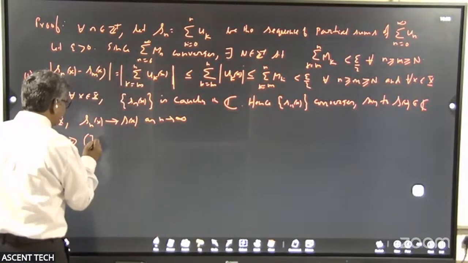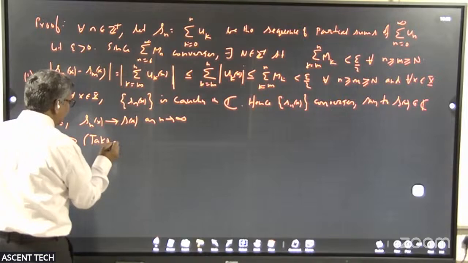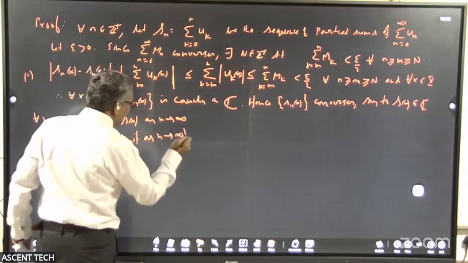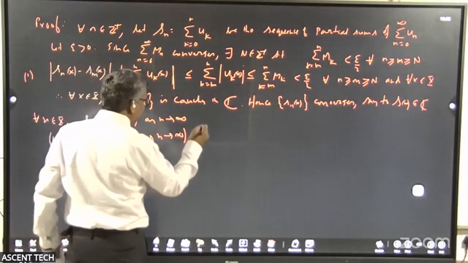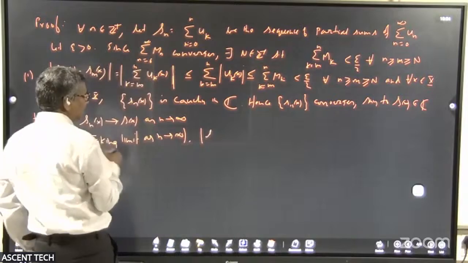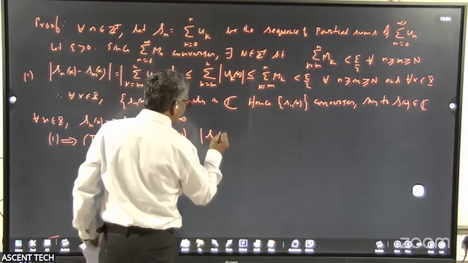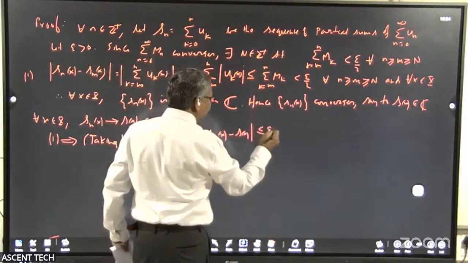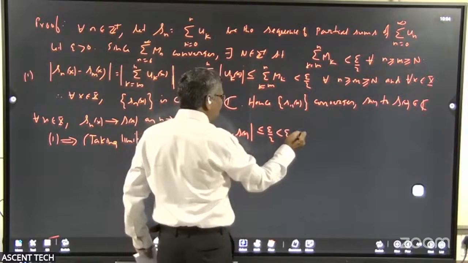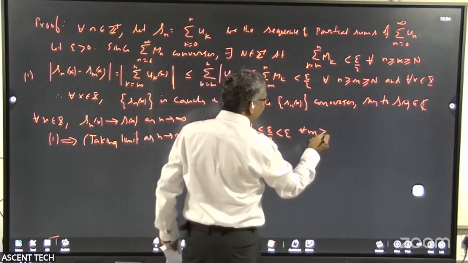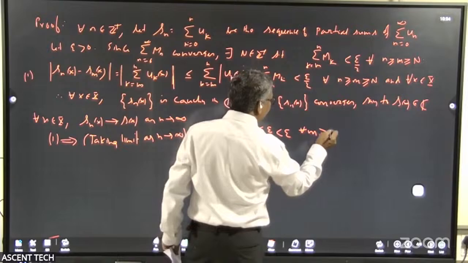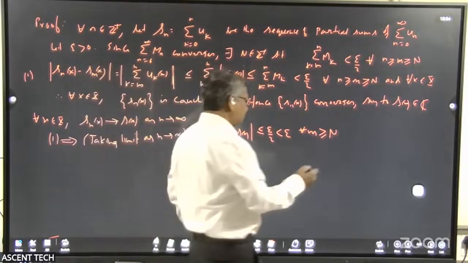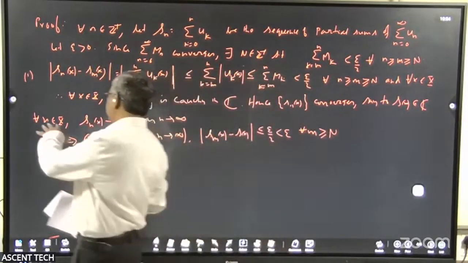Taking the limit as n tends to infinity, we can obtain the following: mod of this becomes Sx minus Smx, that is, Smx minus Sx, less than epsilon by 2, less than or equal to. And there is nothing about x. It's true for every x. No matter what x I took.